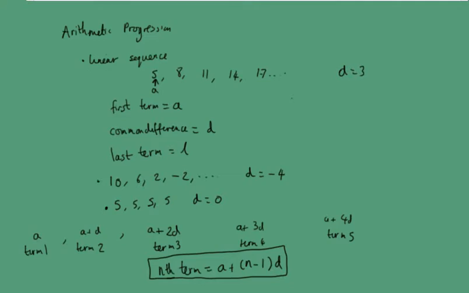So we're going to do a couple of examples. A very simple one to begin with. Find the number of terms in the arithmetic progression minus 3, 1, 5, 9, 13, and we've missed a few, and the last term is 237.